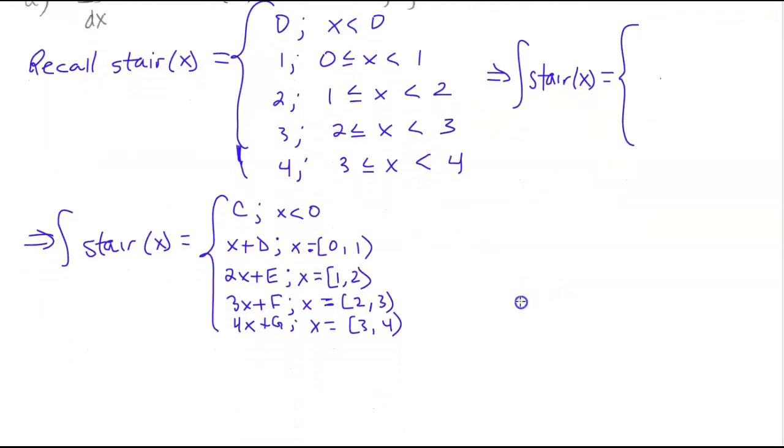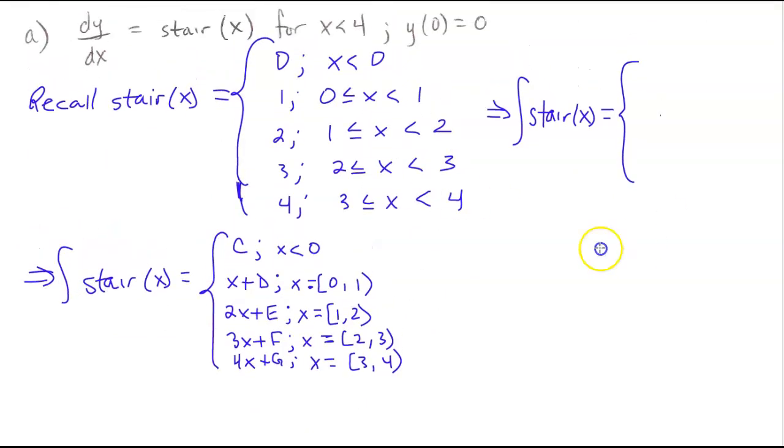All right, so we now know that the most general antiderivative of the stair function, which is what y at x would be, is actually going to be this situation here. So y at x is actually going to be equal to this piecewise function that we're looking at here. So we have the most general solution, but now what we have to do is figure out what all of these constants are.